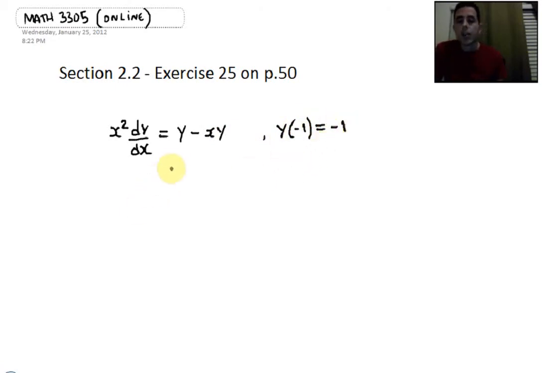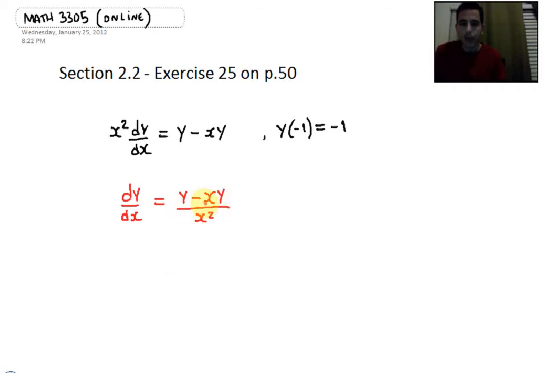Okay. Well, we want to do this by separation of variables. So what we're going to do here is to isolate the derivative dy/dx, and then we can divide both sides by x squared. So this would be (y minus xy) divided by x squared.